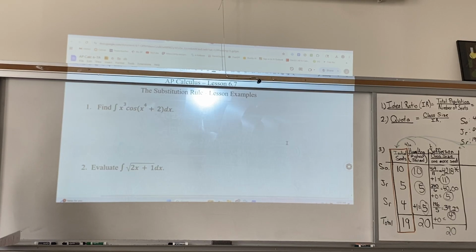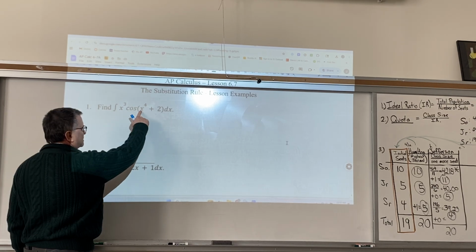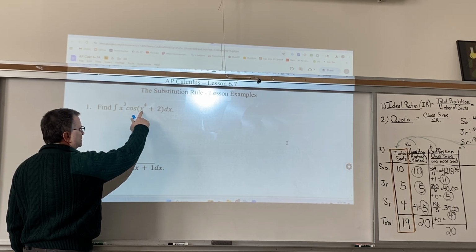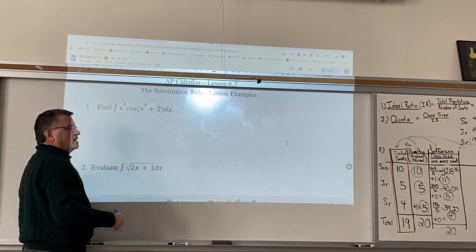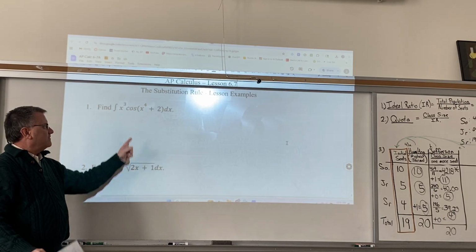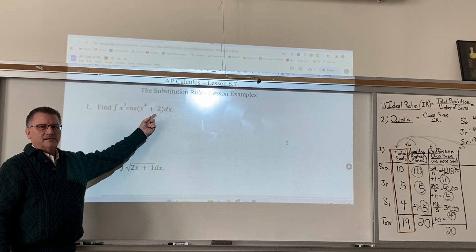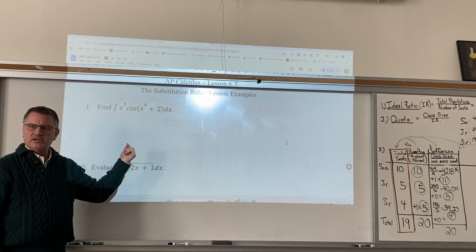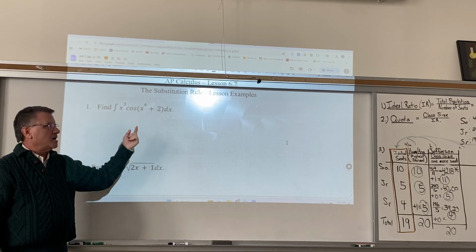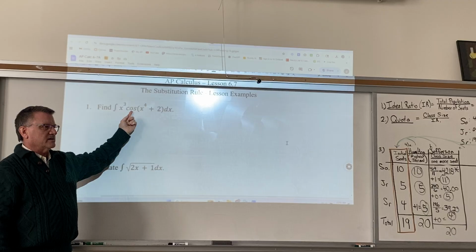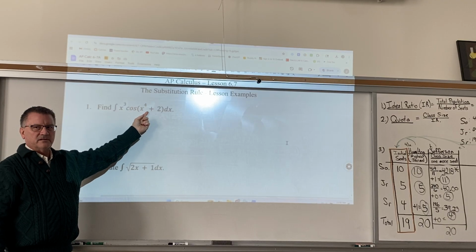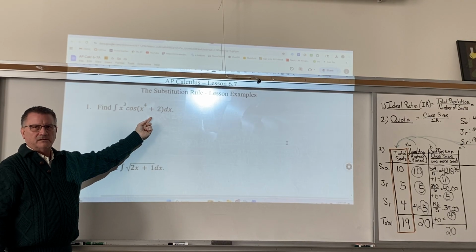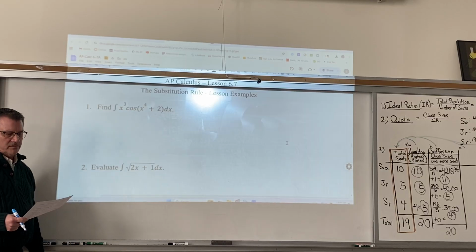I see something where I also see its derivative. I see this, and I also see its derivative. And I know, if I'm looking at this, I probably had to do the chain rule, right? I probably had to do the derivative for this times the derivative of the inside. Oh, so if I had to do the chain rule, I'm probably gonna have to do this.